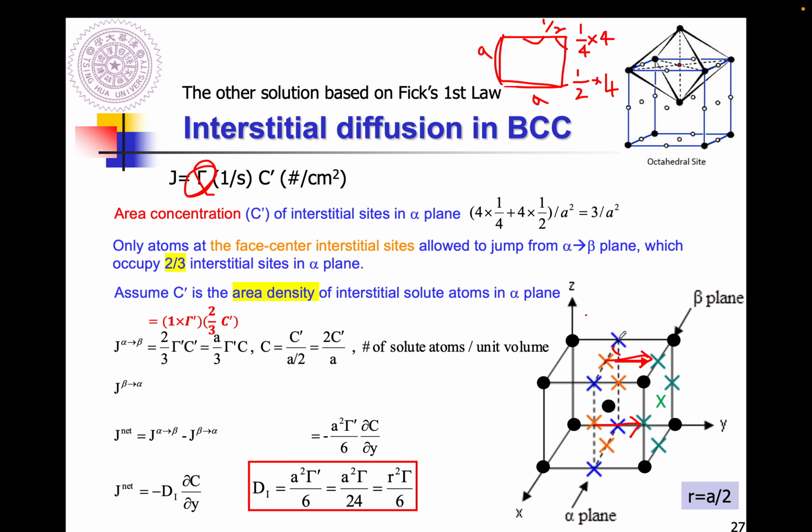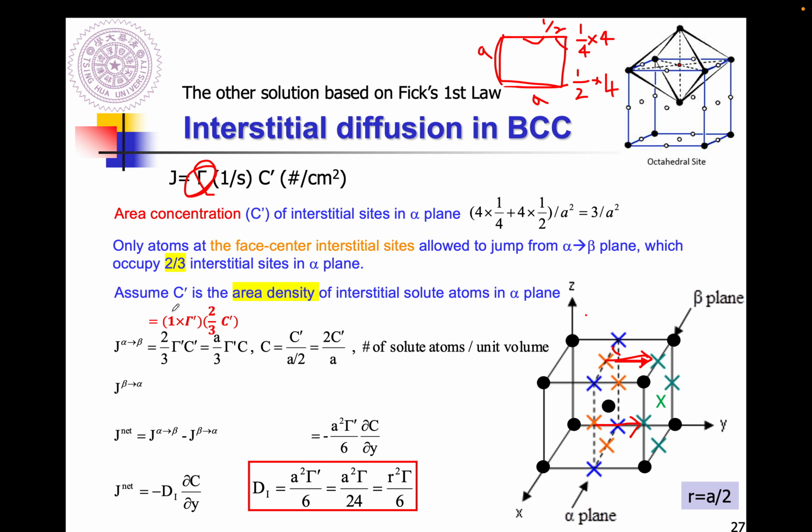If you locate at the blue tetrahedral site, you cannot make a successful jump. So even though we have a total of 3 atoms, only the orange ones can, which means 2 out of 3, 三分之二的 solute atom 只有在 orange 的地方 can make a successful jump to the beta plane.